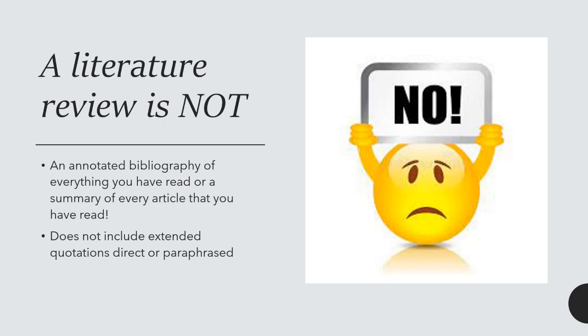The reason for that is that people use lines and lines of direct quotes, either direct or paraphrased, but they are just stating it as is in the article, and that aligns with the annotated bibliography of what they've read. The idea is that there is some form of analysis and then a form of synthesis. So it's not just about describing what is in the field. And you'll often find that examiners are very critical of that.